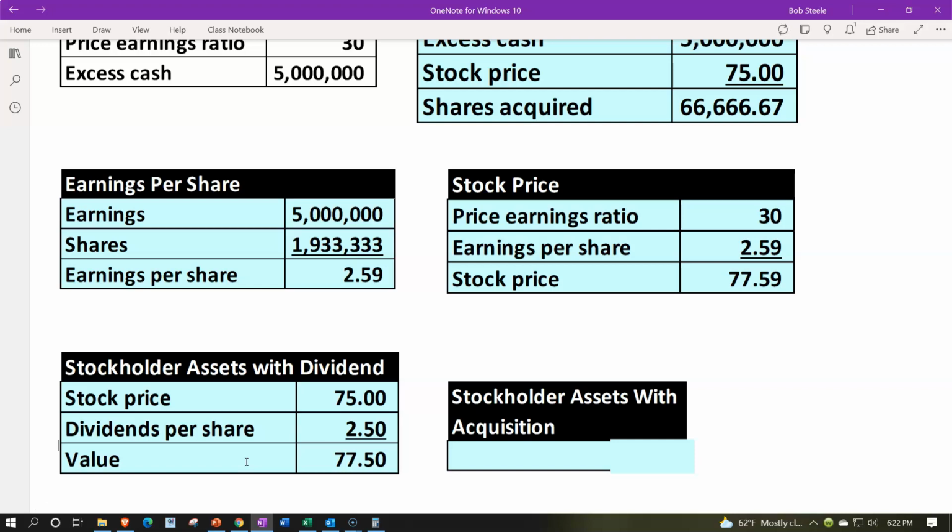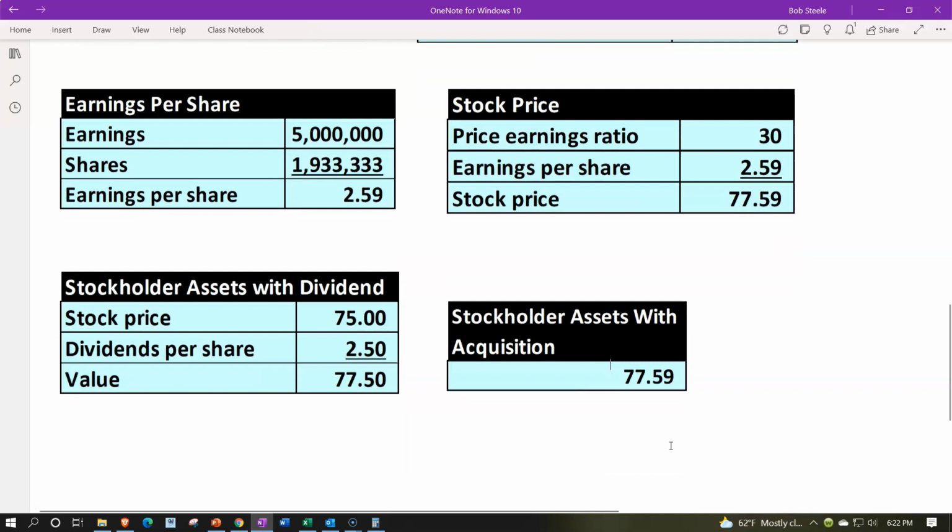If we then look at the stockholder assets after we reacquired, meaning we didn't pay the dividend out, they wouldn't get the $2.50 per share of the dividend, but rather we took that money and had a repurchase, then we would expect the price of the stock to go up, all else equal, and we calculated that under this scenario to be 77.59.